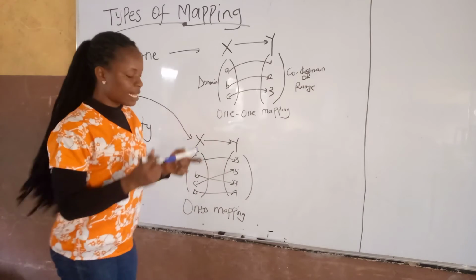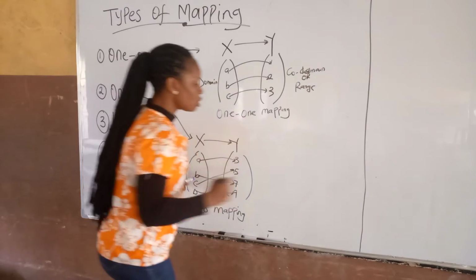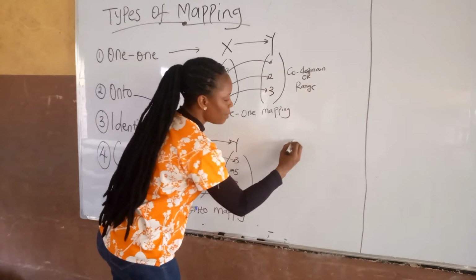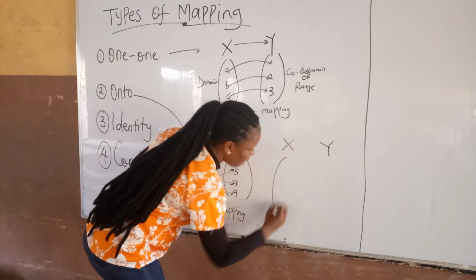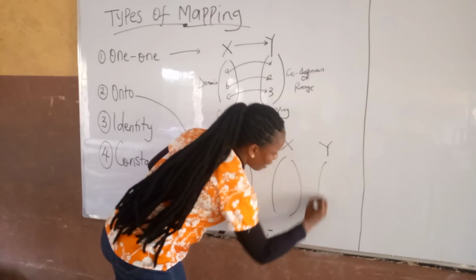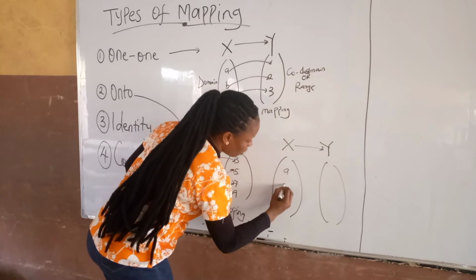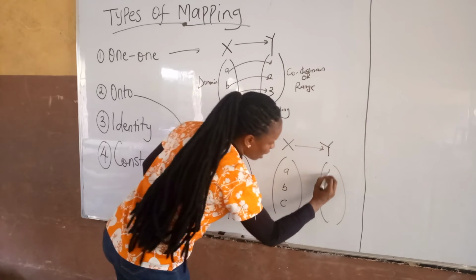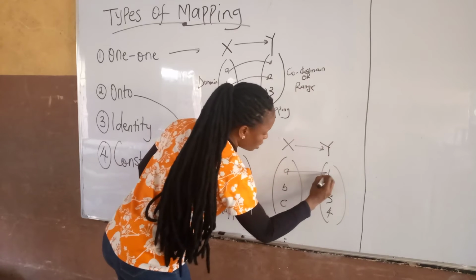Let me illustrate an example of a mapping that is not an onto mapping, so that you will not conclude that every mapping is onto. If we have A, B, C and 1, 2, 3, 4, and this is mapped to this.